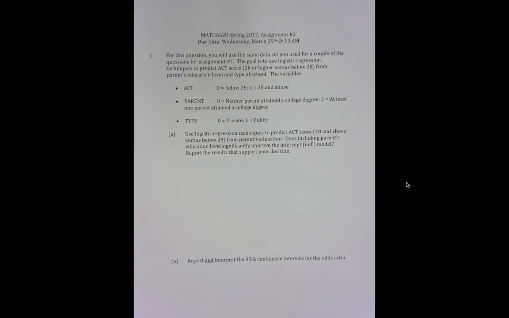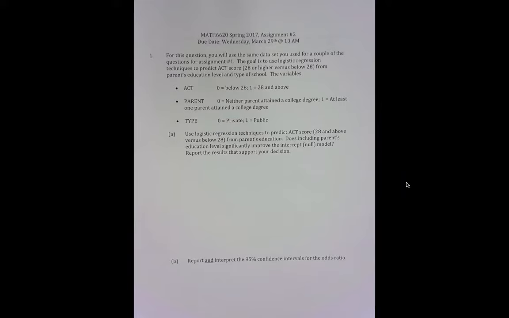Well, gang, what I'd want to do here, first thing, once I get my data in, something I like to do is, well, you have to attach it, first of all, but I like to look at the names of the data just to see the way the variables are presented. And you see we have ACT, parent, and public, and it's all capitalized, so that's something I'll keep in mind.